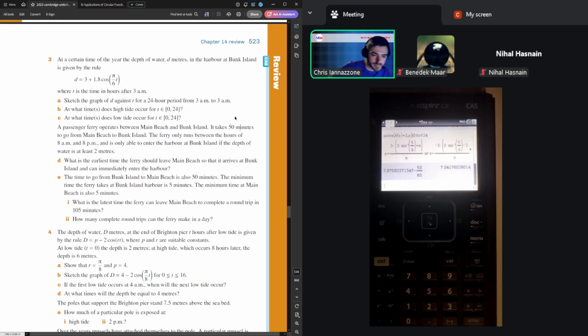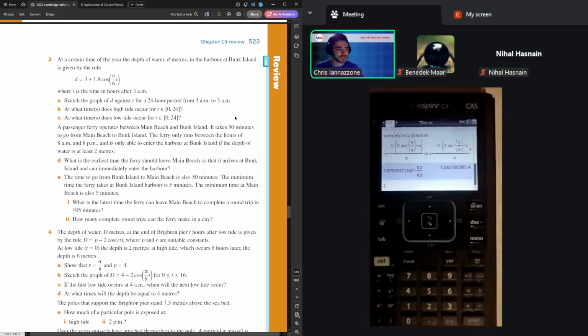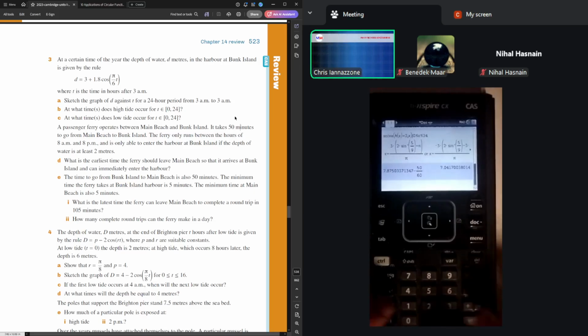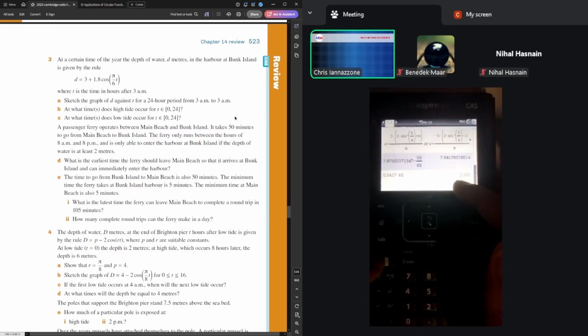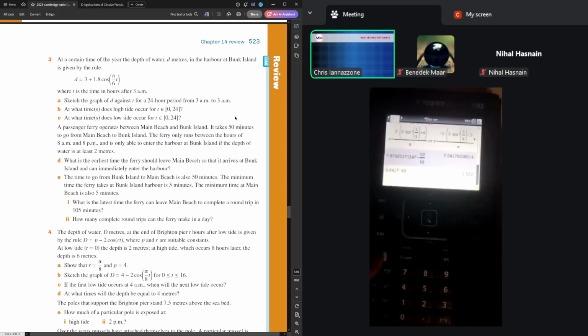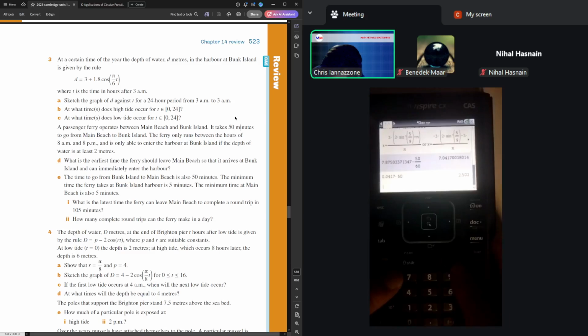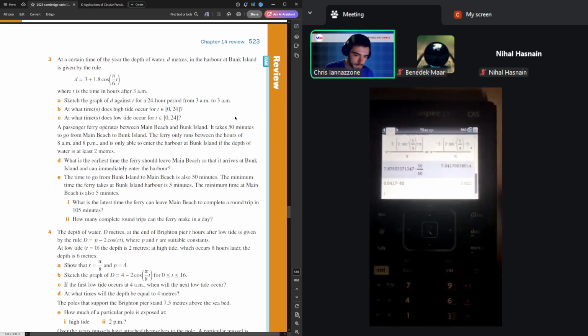It doesn't say nearest anything, so you can just convert this to hours and minutes, for instance. 0.0417 times 60, you can say 7 hours, 2.5 minutes. So that will be 7:02 AM. Cool.